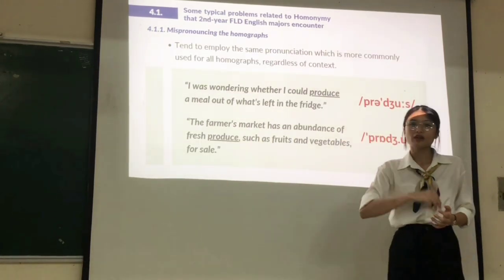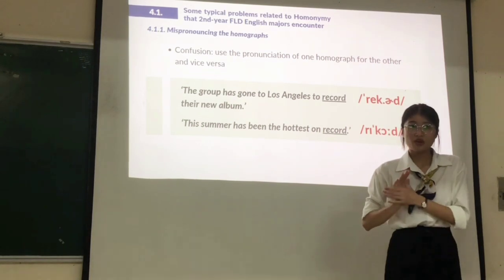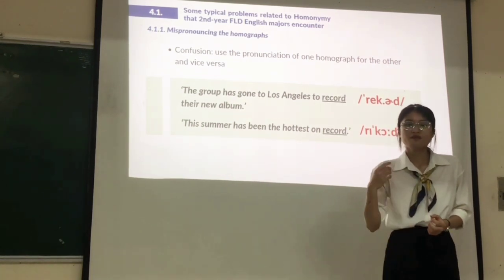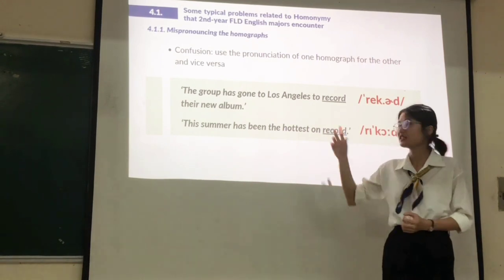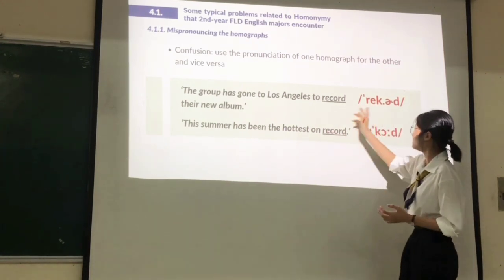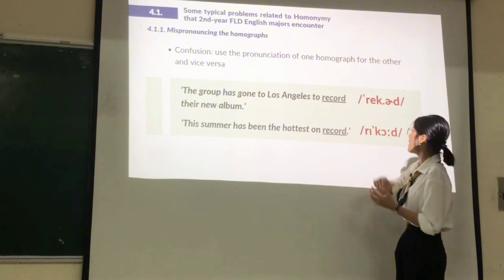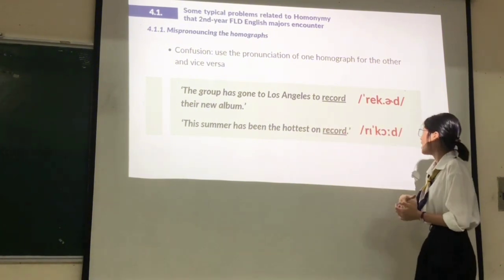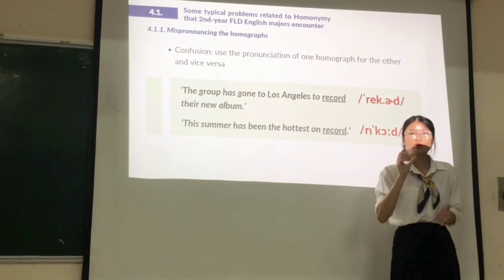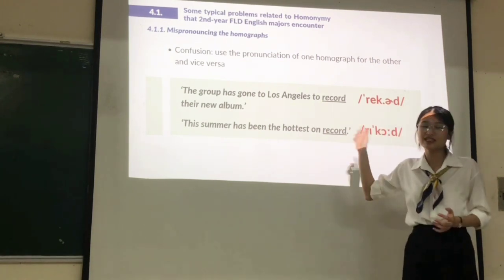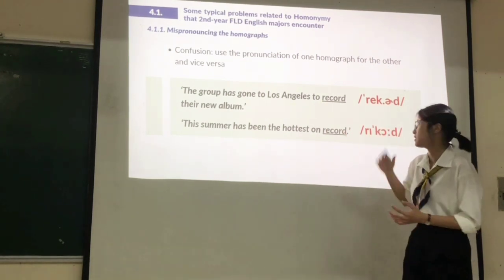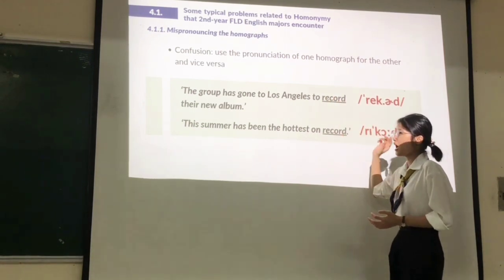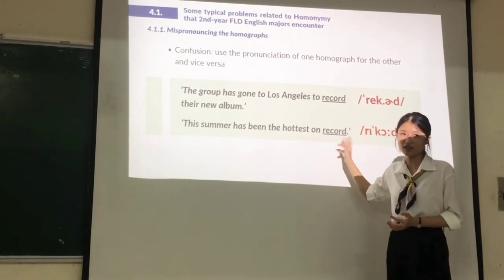The second error is the confusion of using the pronunciation of one homograph for the other and vice versa. While speaking this sentence, they pronounced this verb as the noun form and this noun as the verb form, while the right pronunciation of these words is the opposite.